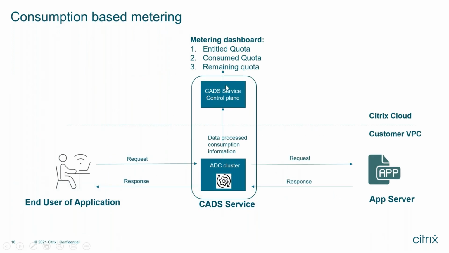Once you have the control plane in the Citrix cloud and the data plane in your environment, which is the customer VPC, we have the ADC cluster sitting between your app servers and the application users. The amount of data processed by the ADC is the entitlement that we are going to sell. Here, there is no allocation. The control plane doesn't have to allocate any licenses. It consumes, it runs, and it just reports, okay, I have processed this much data.